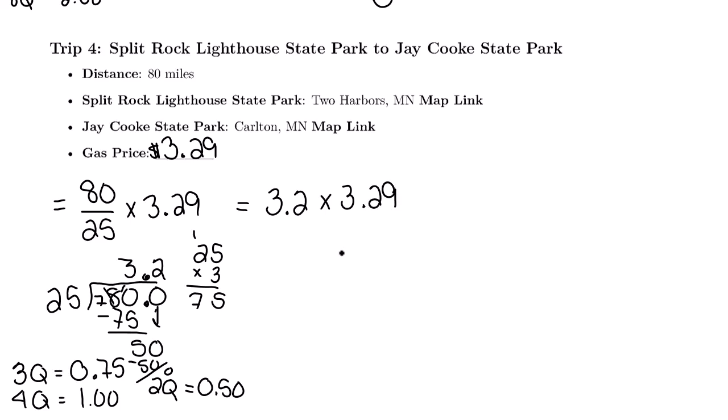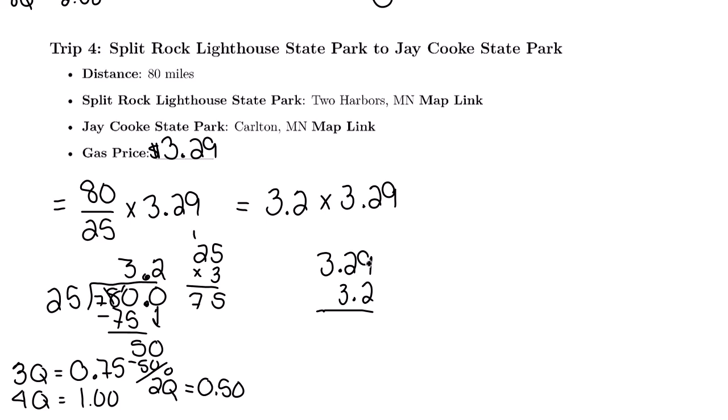All right, so let's multiply that together. You're going to notice that I like to put the number with the most digits first, and then this one second. I just find for me it's easier to multiply like that. We're not going to worry about the decimal till the very end when we have to count them.